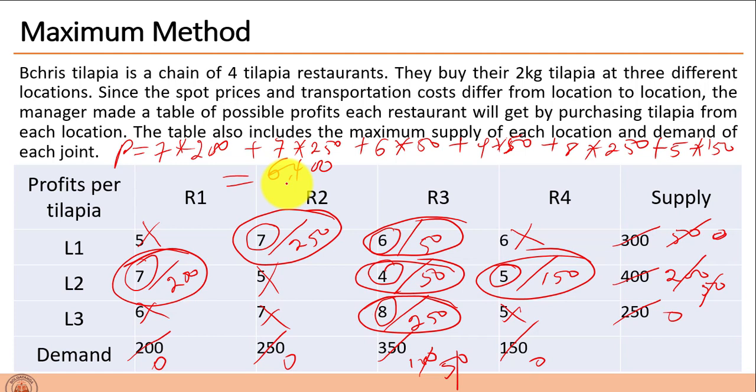Looking at this and at the second one, the first method that we used gave 5,000 Ghana cedis. So obviously this one is giving me much more than if I had used the northwest corner. So using the maximum method, I get more profit than the northwest corner. Let's move to the next method and see how that is done.